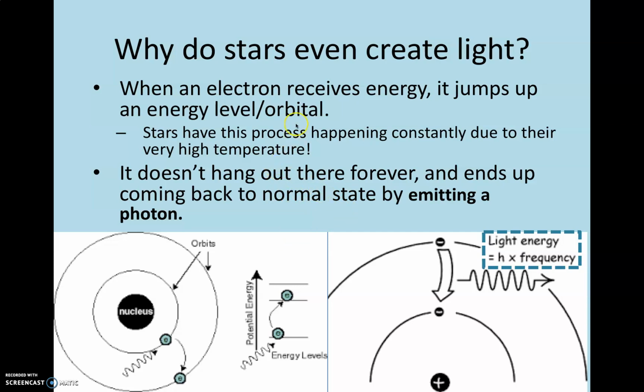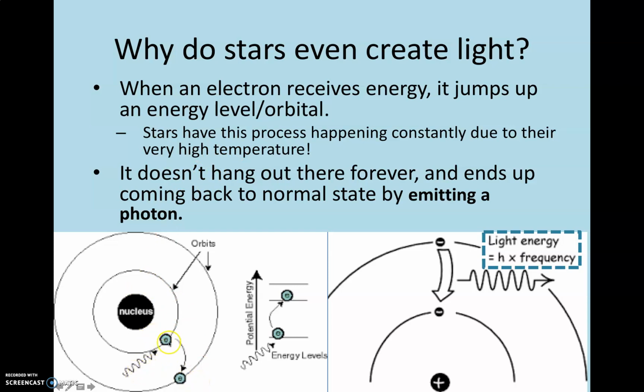And when an electron in an atom receives energy, it jumps up to an energy level by some amount. And stars have this process happening constantly, due to the nuclear fusion that is causing them to have a very high temperature because of the energy released by the nuclear fusion. And this electron that gets more energy doesn't hang out there forever.